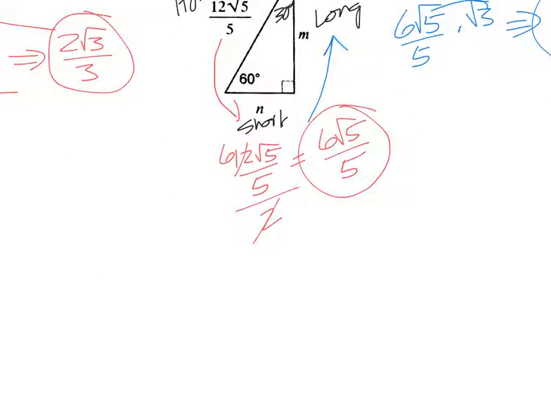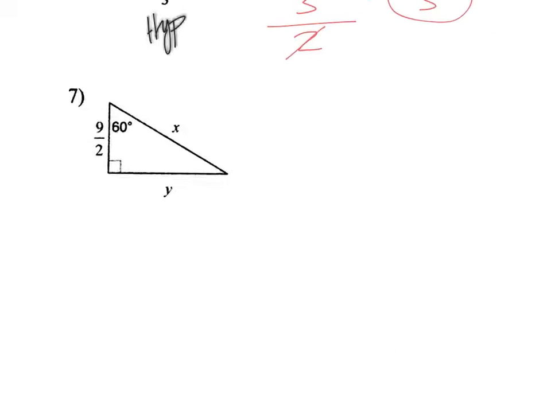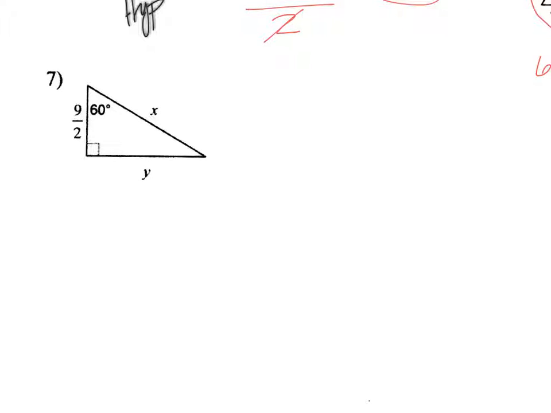Alright, one more. Okay, and this is actually the easy case right here, because in this case, I know the short leg. So I want to find the long leg and the hypotenuse. So how do I do that? Well, to go from short to long, I have to multiply.